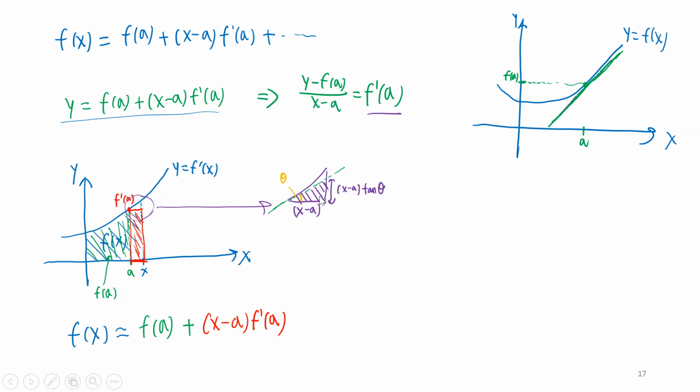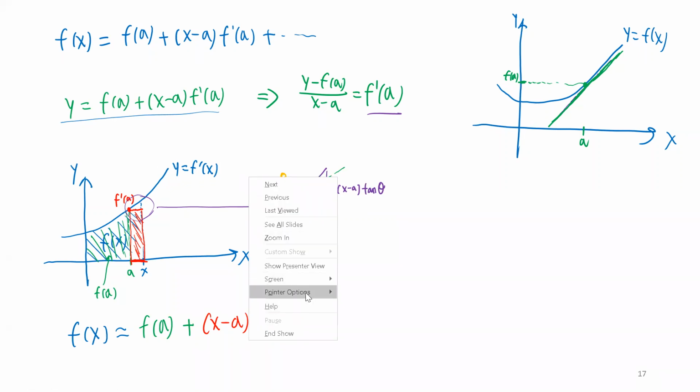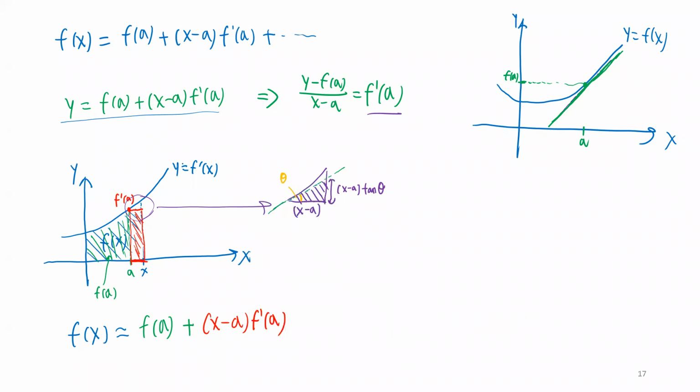And this tangent theta is the slope of this green line, which is exactly the derivative of this curve over here. So the derivative of this curve at this point is taking the derivative of f prime x.